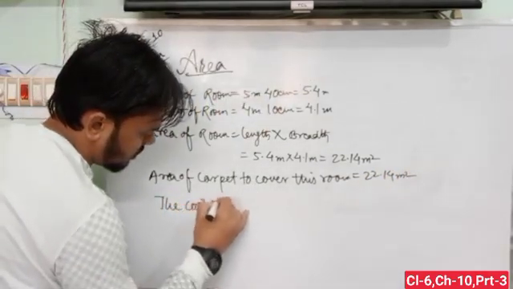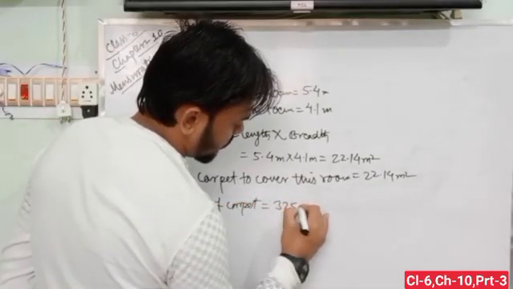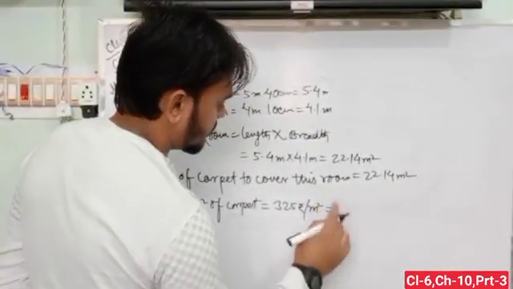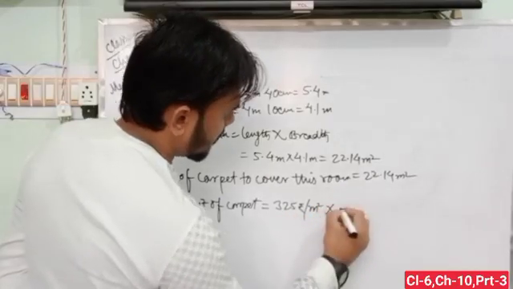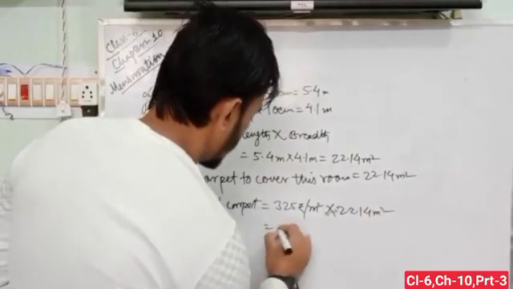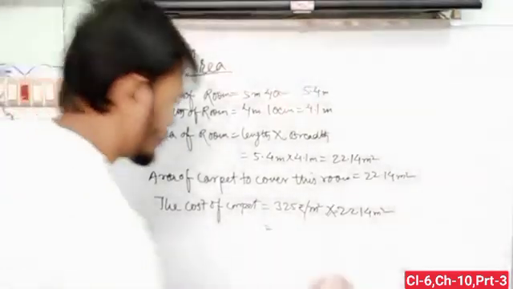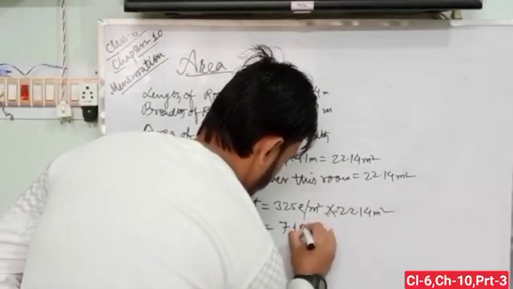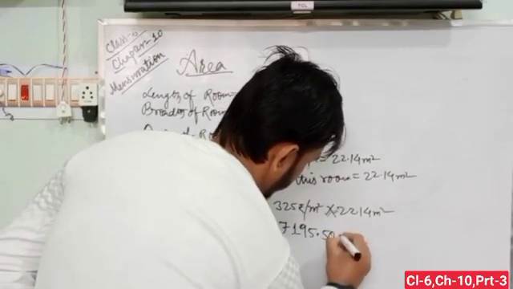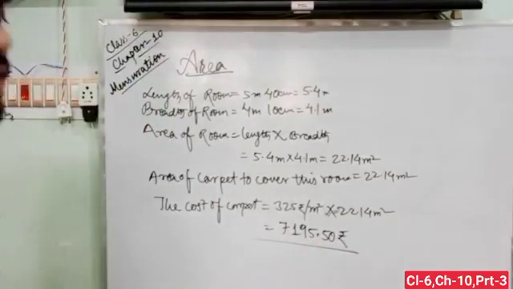So the cost of carpet, whose rate is 325 rupees per meter square, is multiplied by 22.14 meter square. So when we multiply, this is the cost of the carpet to cover this drawing room.